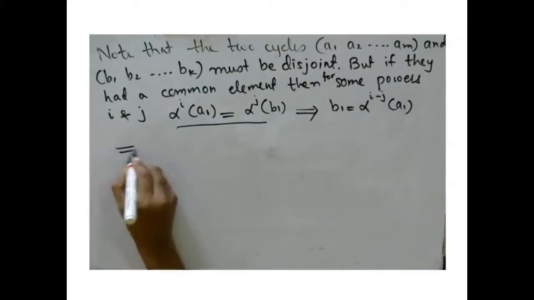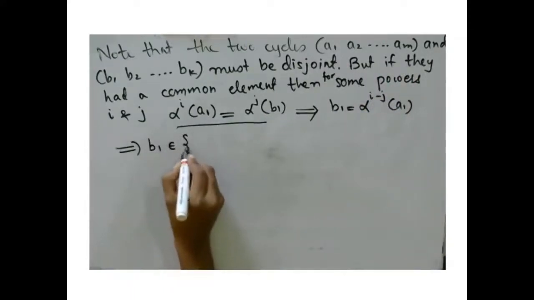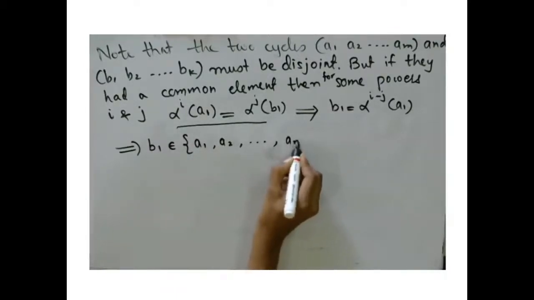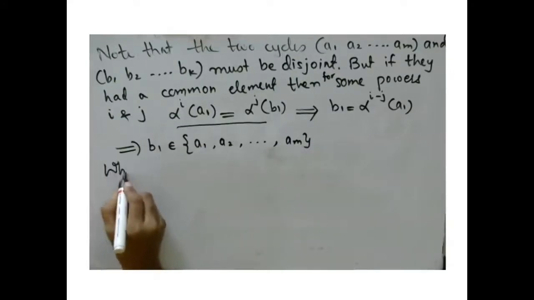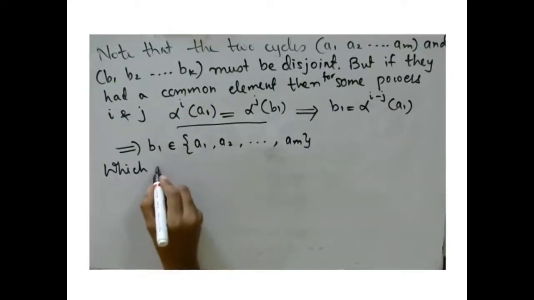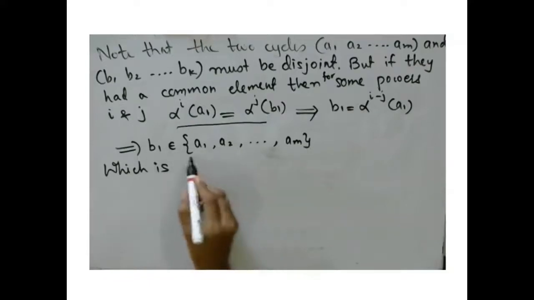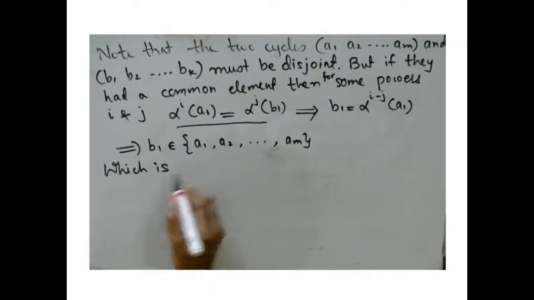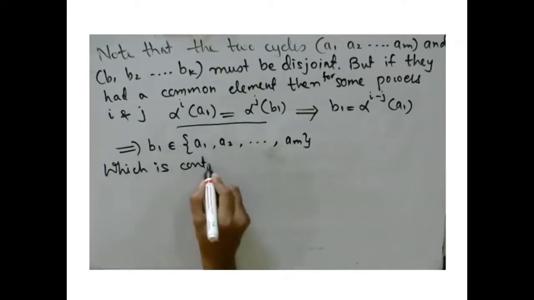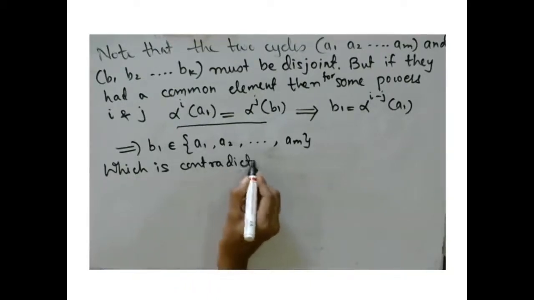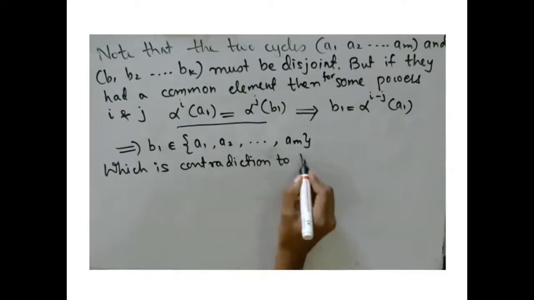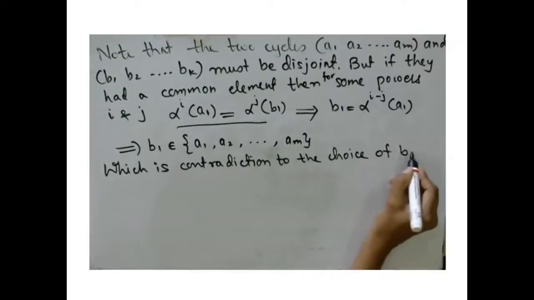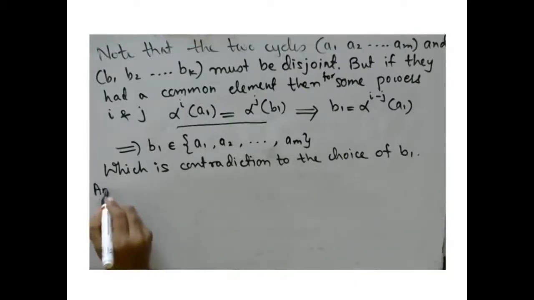So this implies that B1 should belong to the set A1, A2, AM, which is a contradiction to our choice of B1, because we have picked B1 such that it does not belong to this set. Hence, a contradiction to the choice of B1.